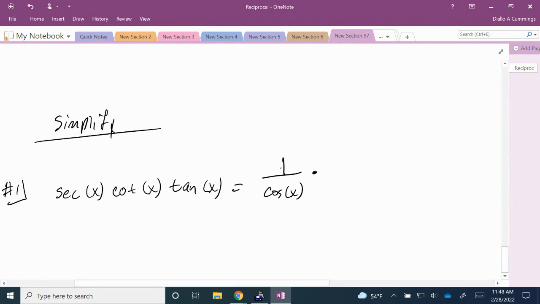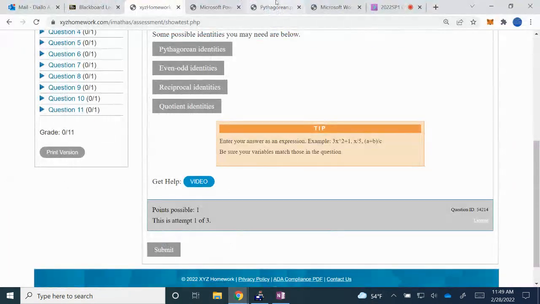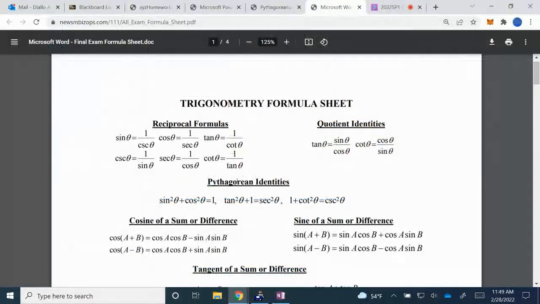Keep in mind the cotangent can be written as 1 over the tangent of x.